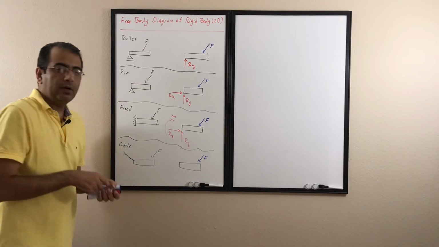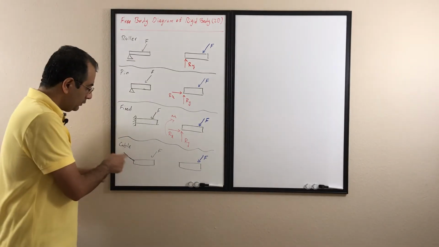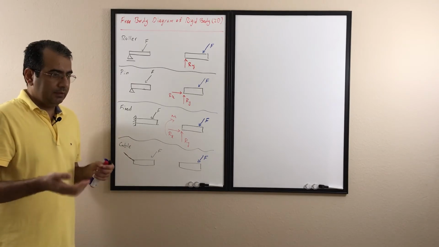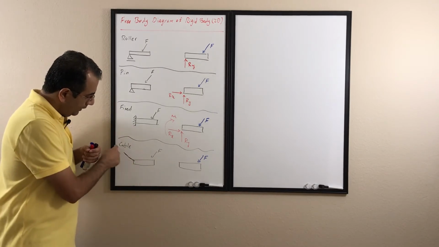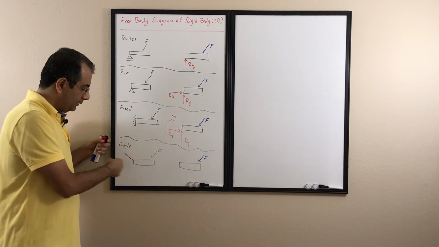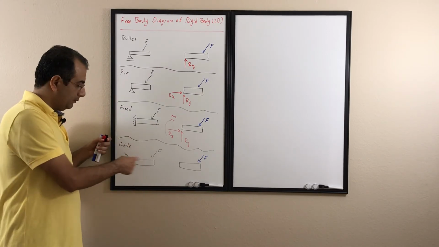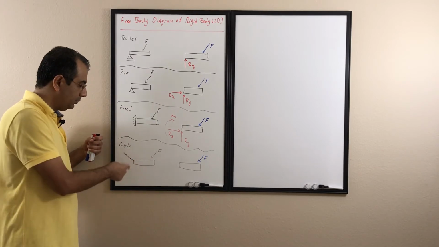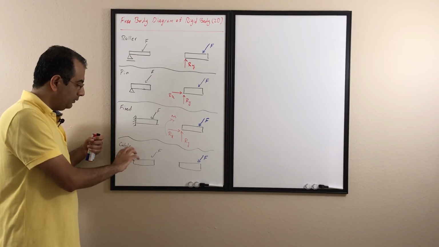The only thing the cable supports is tension. It doesn't let you move along its direction. It doesn't hold it from going left or right, it doesn't hold it from going up or down, and it doesn't hold it from rotation.